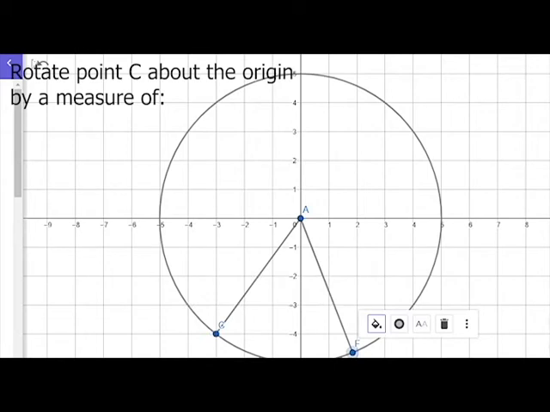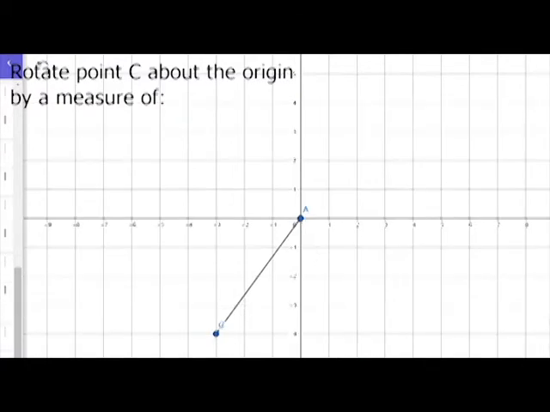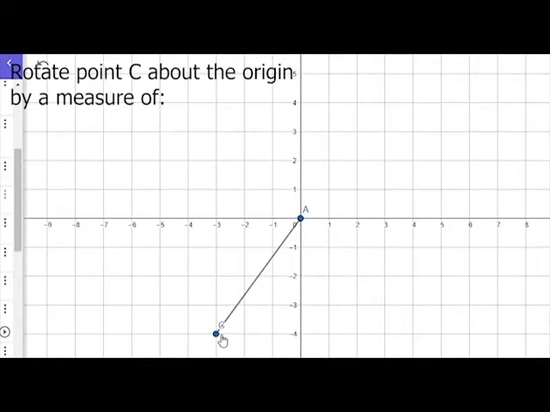So instead of trying to do rotations with diagonal lines, I'm going to change this rotation to what we did before with horizontal and vertical lines. So I'm going to draw a rectangle with one corner at the center of my rotation and the other corner at the point that I am rotating.